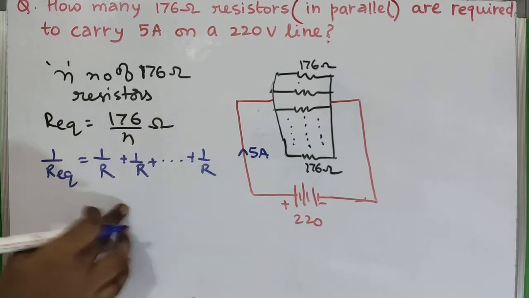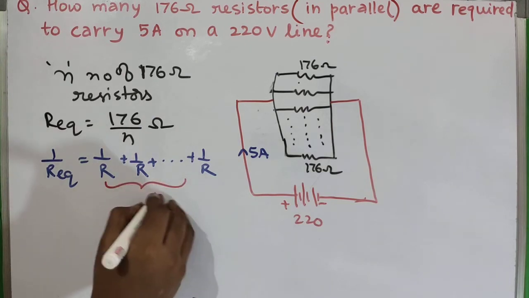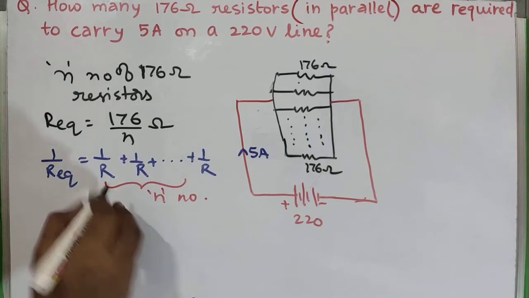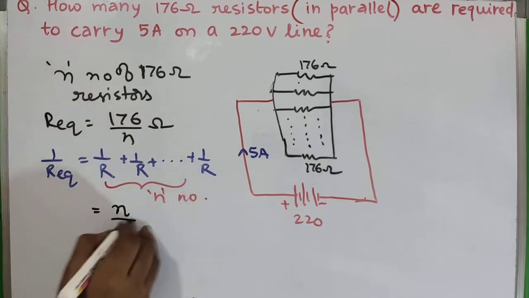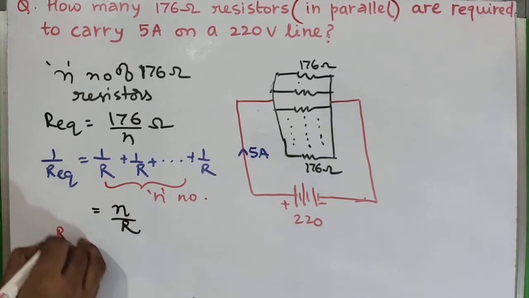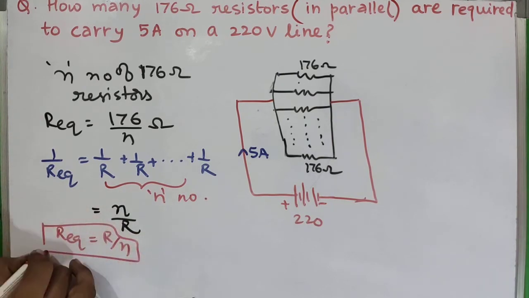How many R's are there? n number of R's. So the sum is 1 by R plus 1 by R is 2 by R, plus 1 by R is 3 by R, so for n of them it is n by R. So R equivalent will be R by n. That's what I did: R, the individual resistance, divided by the number of resistors. So the equivalent resistance is 176 by n.